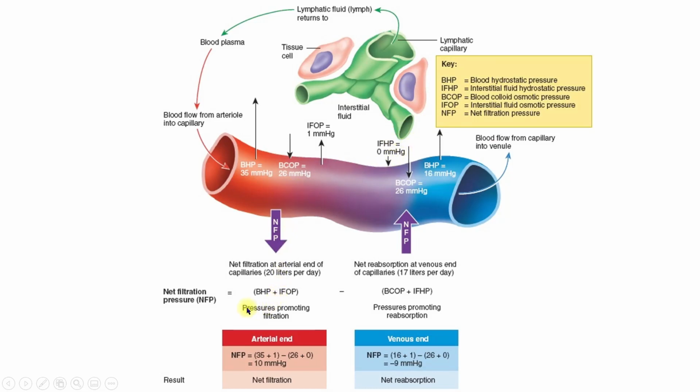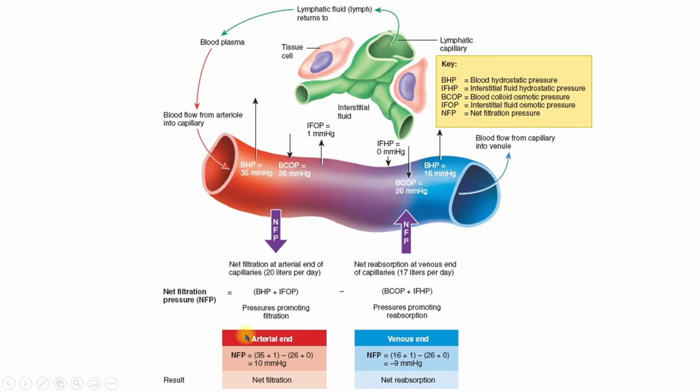The calculation is based on the arterial end as well as the venous end. So the formula that I mentioned earlier: BHP plus IFOP, minus the BCOP plus IFHP. Okay, so now let's do the calculation at the arterial end first.